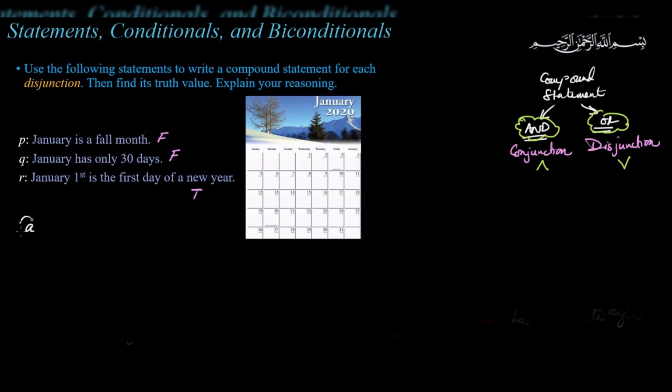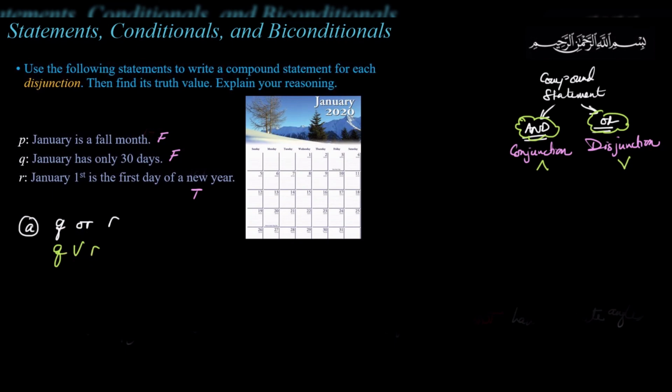So here, A says Q or R. So January has only 30 days, or January 1st is the first day of the year. Since this is an or statement, a disjunction, only one of them has to be true.